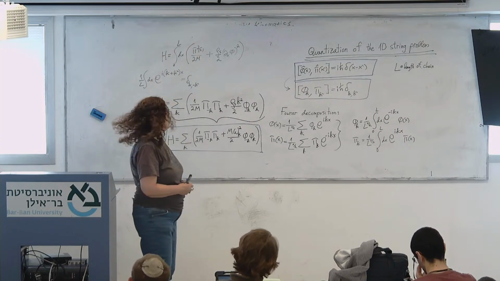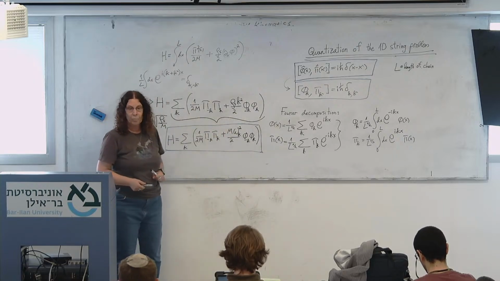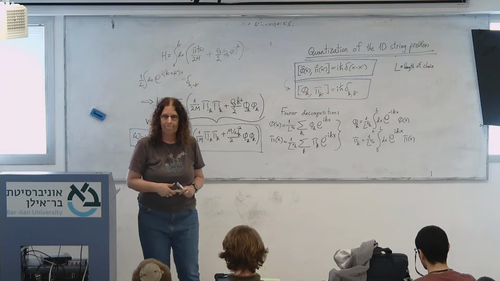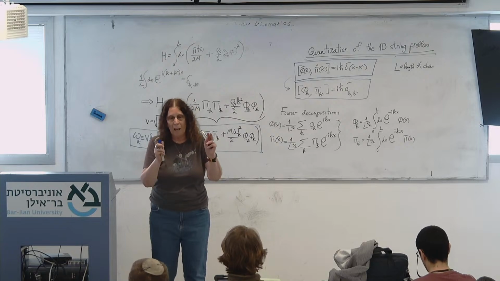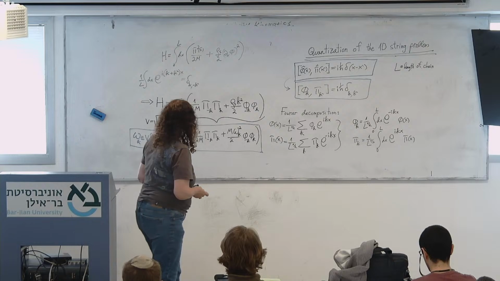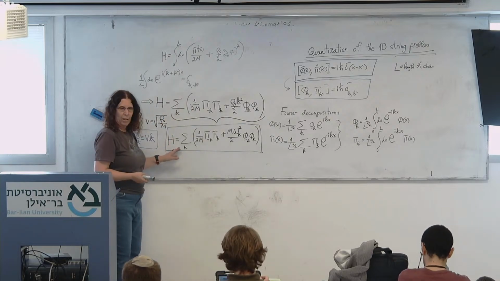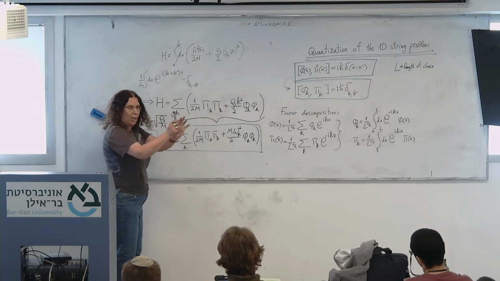Okay? So this is now a quantum Hamiltonian. What does it remind you of? That's right, it reminds. We have to be a little more careful here. First of all, it's a sum over independent modes. That's one thing. So each mode is independent.